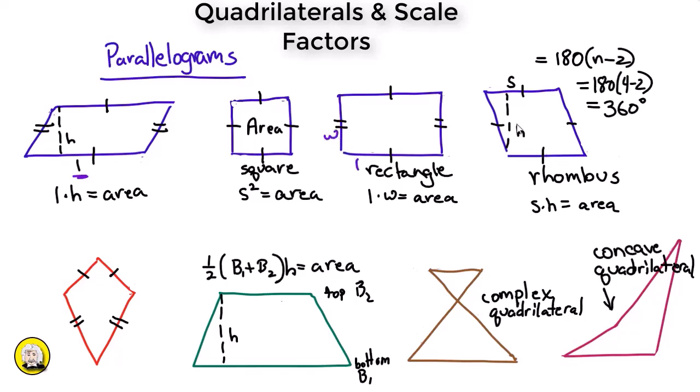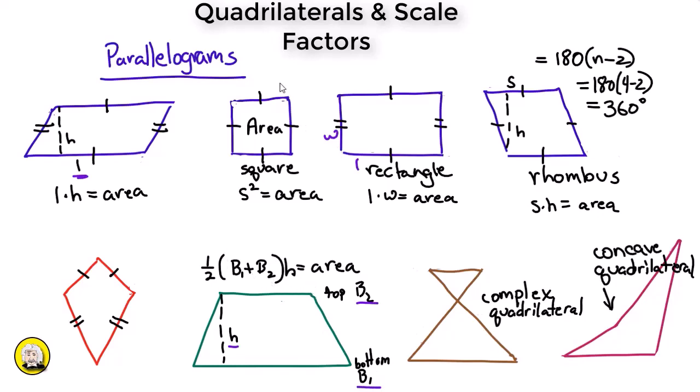And the area of a rhombus was that vertical height again, times the side length, s in this case. And for the trapezoid, the area was that vertical height, again, times the average of the top, b2, and the bottom, b1. So it's 1/2 (b1 plus b2) times h.